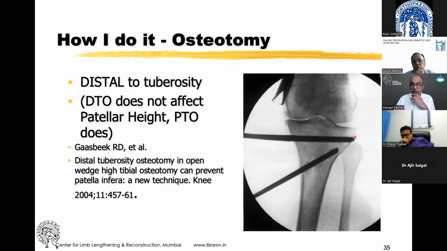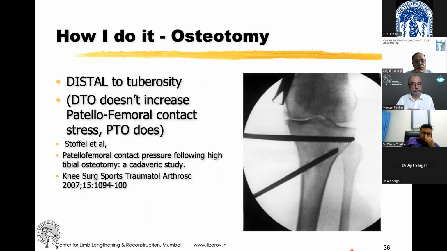So I'm still aiming for the same point that Sanjay will be talking about later, which is the tip of the fibula. But to me, the importance here is that the distal to tuberosity osteotomy does not affect the height of the patella, especially when you have to do a large correction. Also, when you do large corrections, a distal to tuberosity osteotomy does not create any trouble with increased patellofemoral stress or increased patellofemoral pressure.